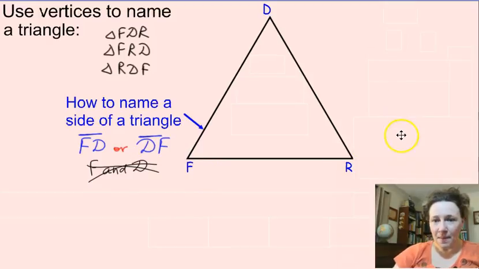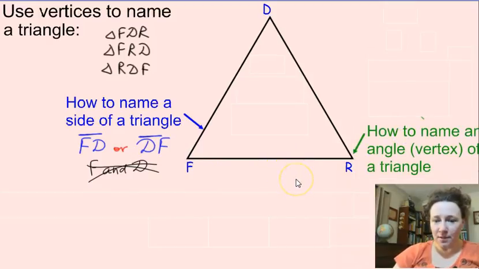Now, let's talk about proper way of referring to an angle. So you see I'm pointing at angle, or in other words, vertex R of my triangle. And when I talk about angles, I cannot any longer use a segment symbol.